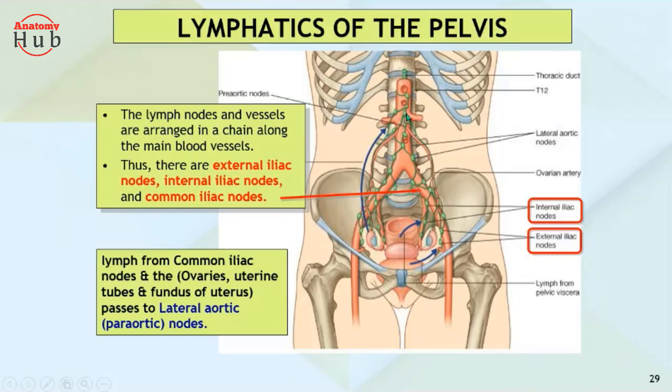Okay, so they are known as the para-aortic nodes. All these lymph will drain either to the external iliac nodes or to the internal iliac nodes, and you can see they are chains. They will drain to your common iliac nodes.